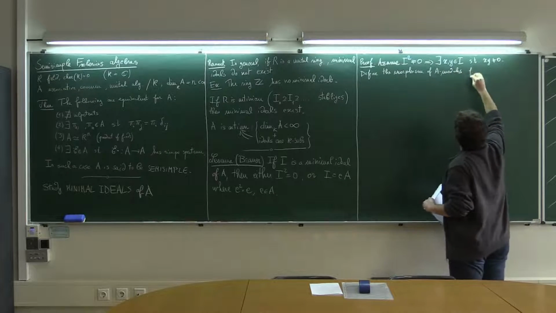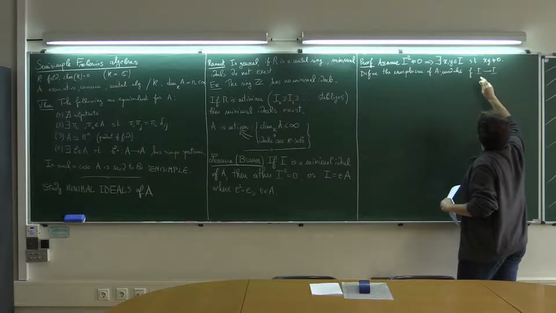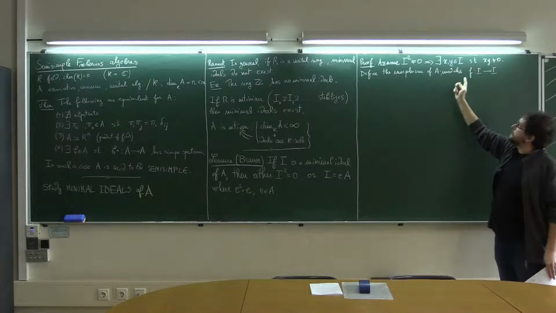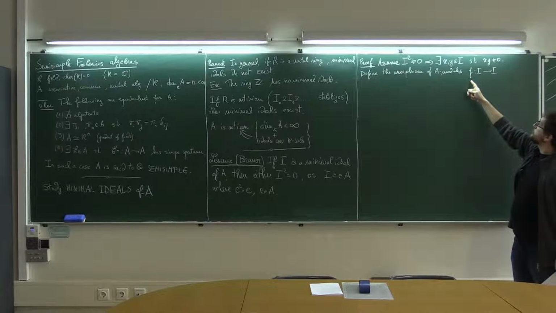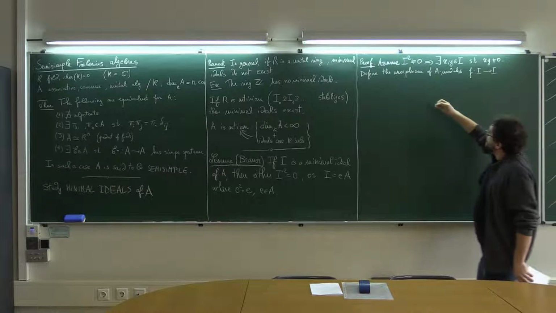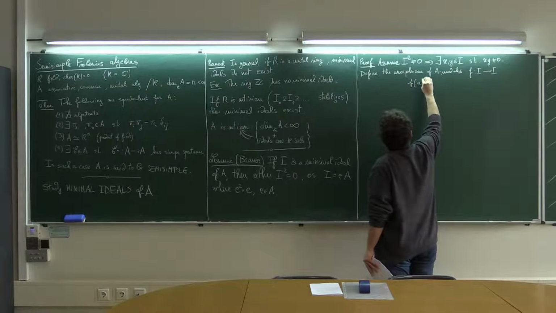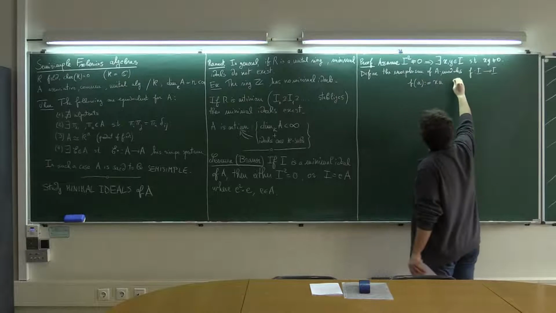So we consider a morphism F from I to I. So I, being an ideal of A, is naturally equipped with an A-module structure, and now I am going to define a morphism F from I to itself. And the morphism is defined as follows. F of a equals x times a.